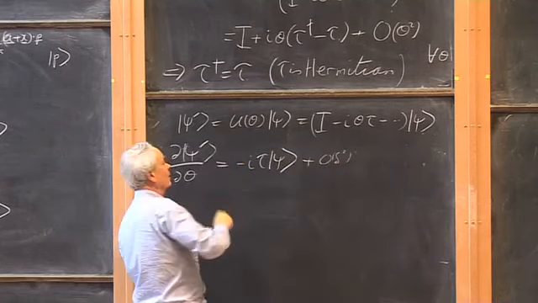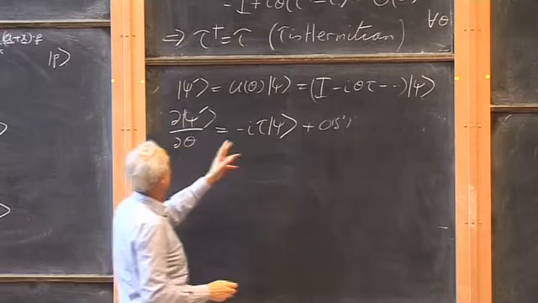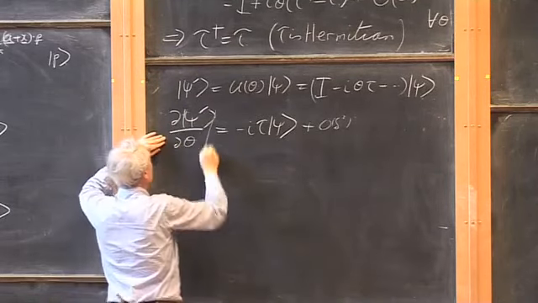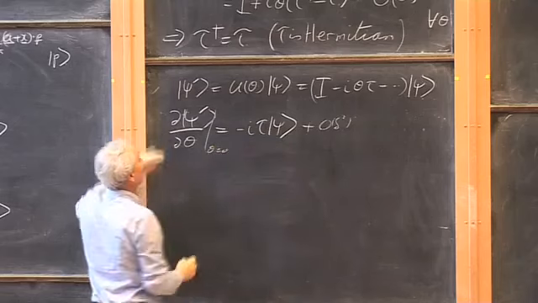So if we put theta equal to naught, then the order theta squared goes away.